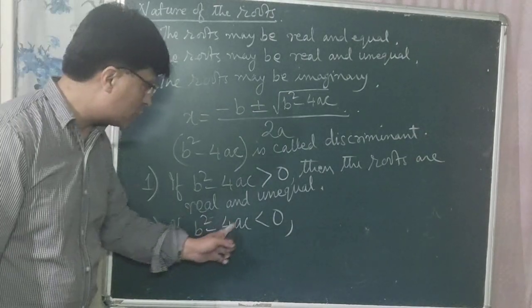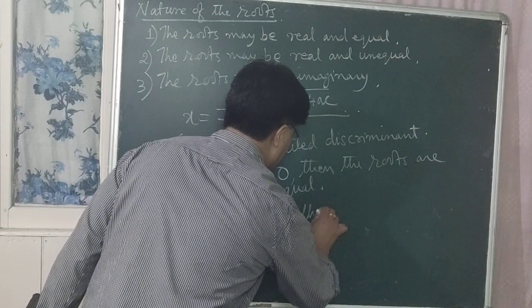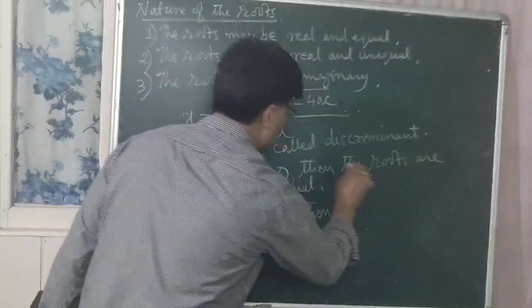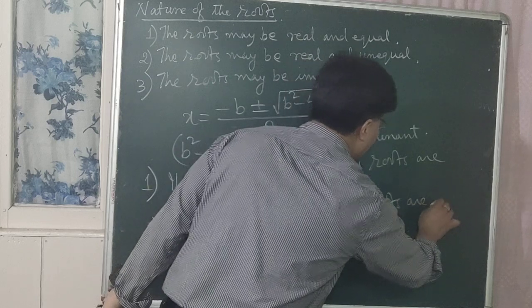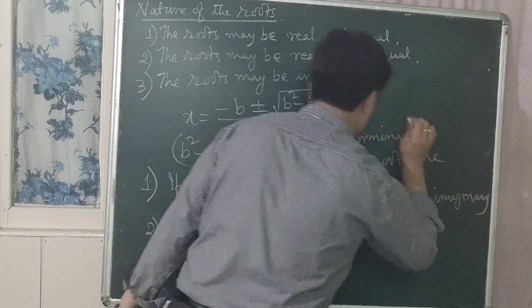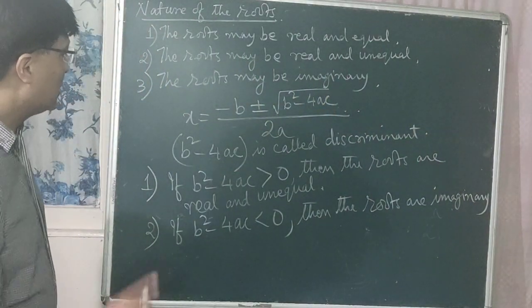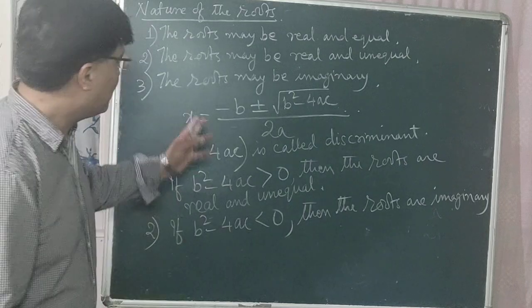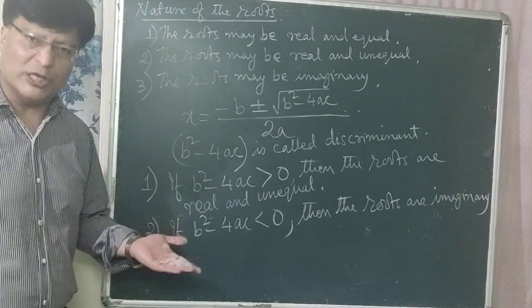So if b square minus 4ac is less than 0, then the roots are imaginary. That means not real. Is it clear now?